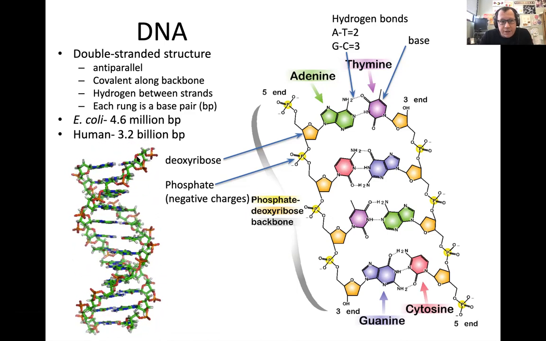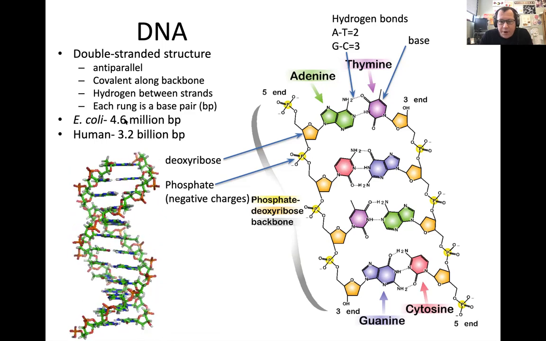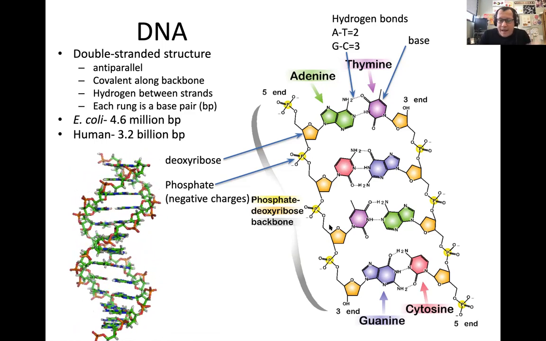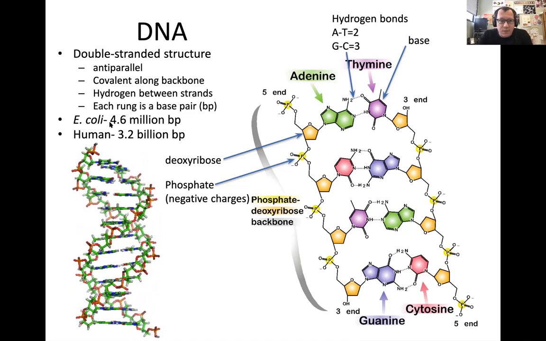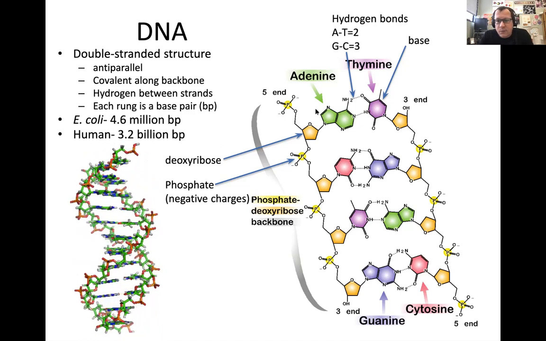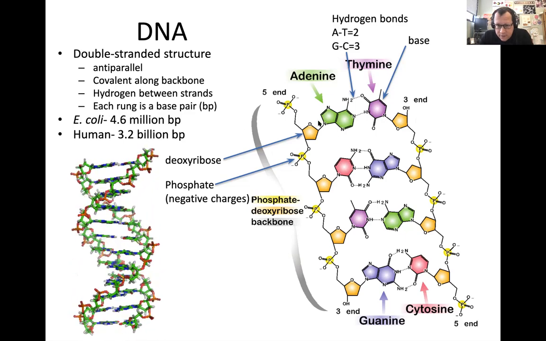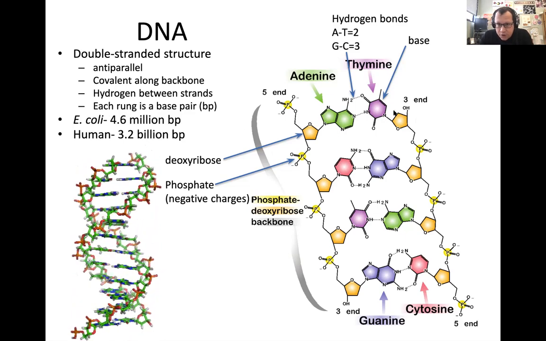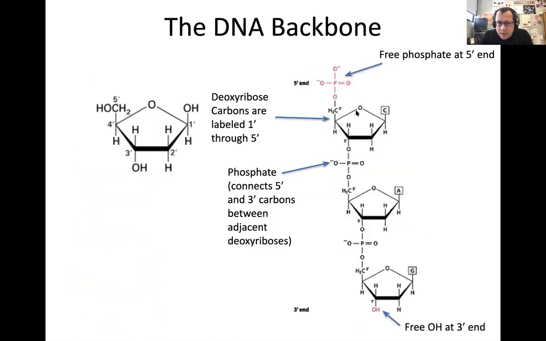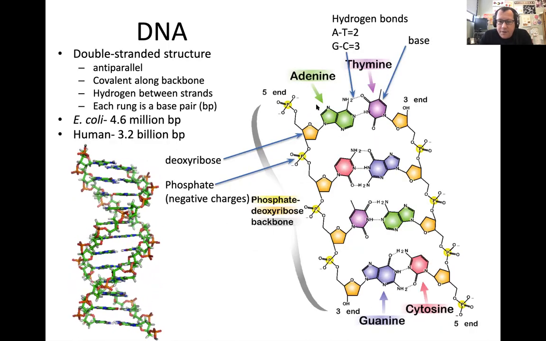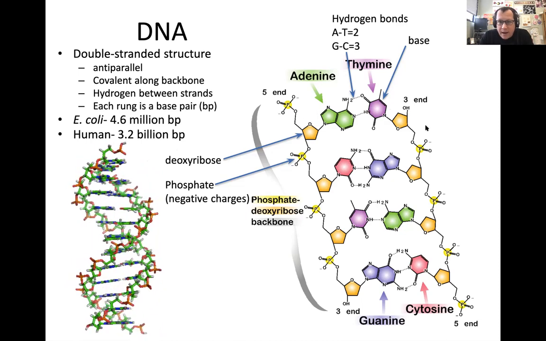The E. coli genome, so the bacteria that we're going to be working with, is actually a single piece of DNA, and it's 4.6 million base pairs long. When we say base pairs, each one of these structures here is called a base. And when we have them one next to the other like this, it's called a base pair.